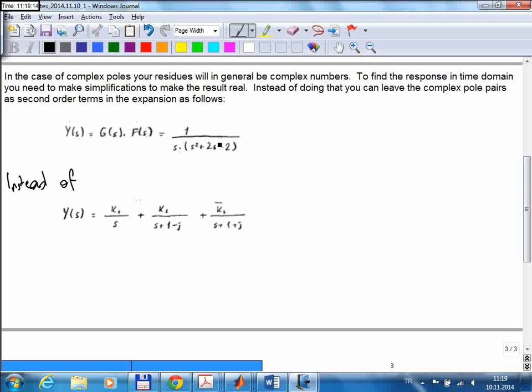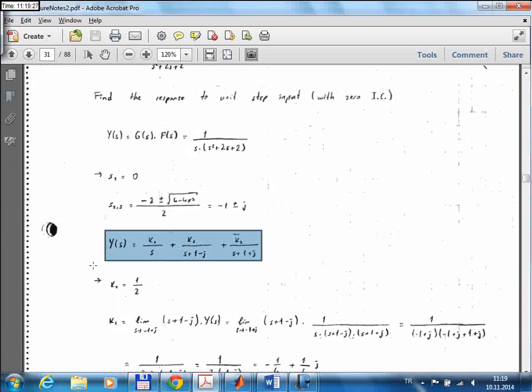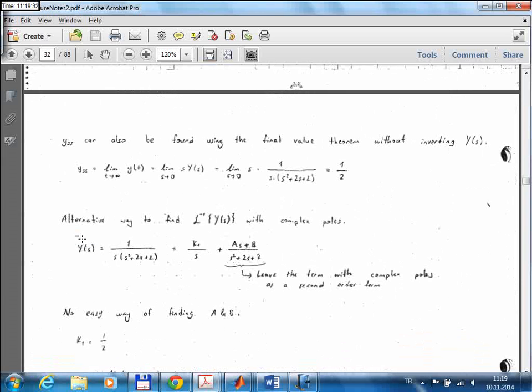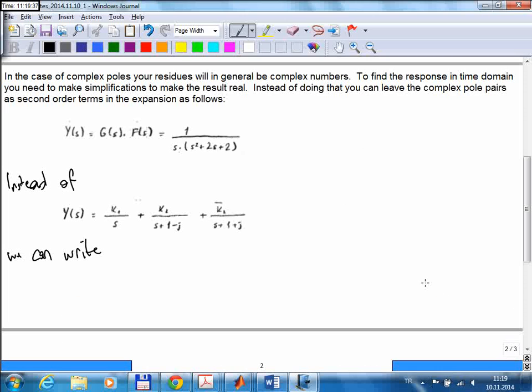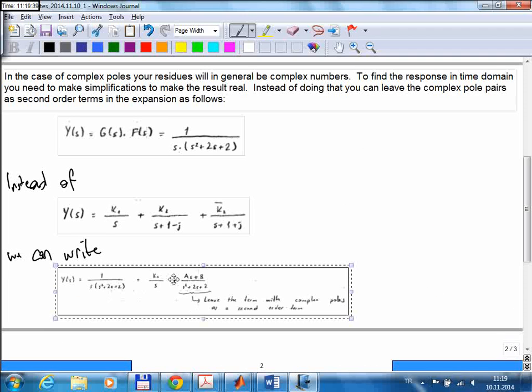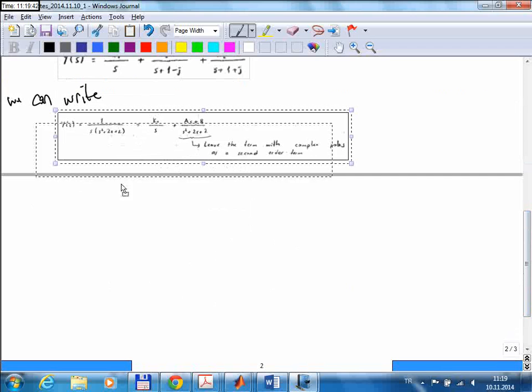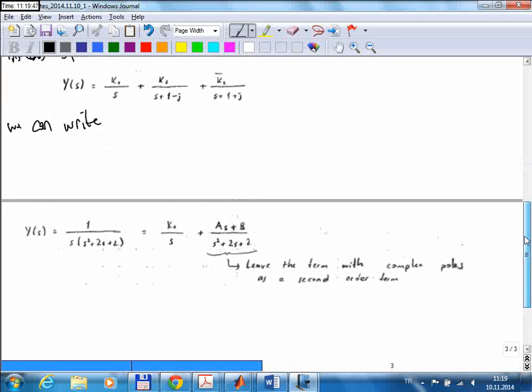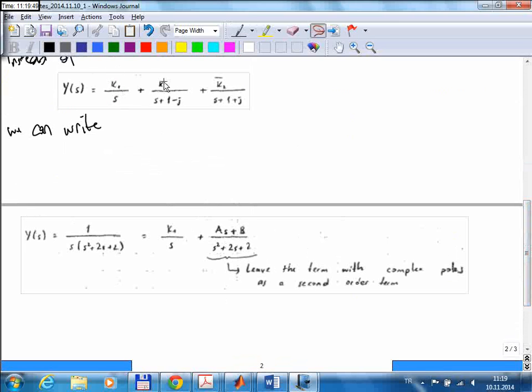Okay, so we know that there's a complex pair of poles here. So instead of this expansion, we can write okay, so in the third case, there were two residues to be calculated.